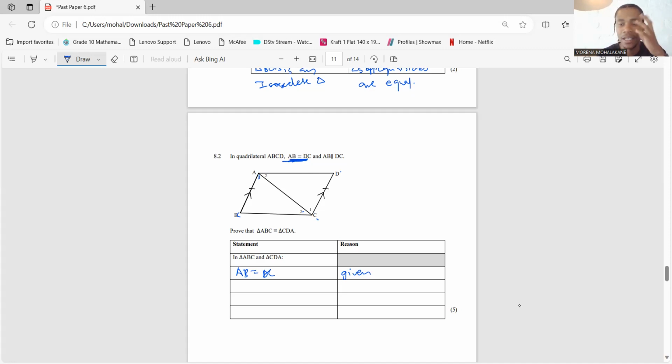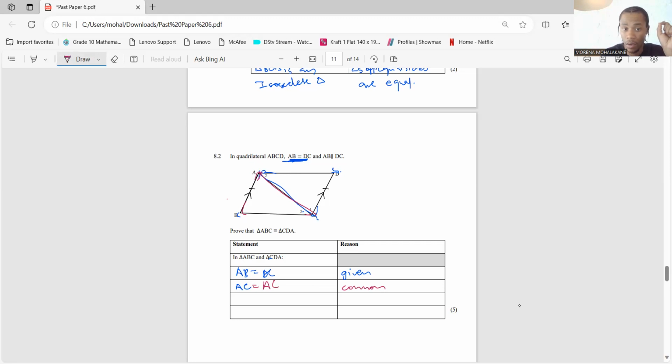Now look at AC. AC is common for both triangles, CDA and ABC. AC equals AC, and my reason is that it's common.